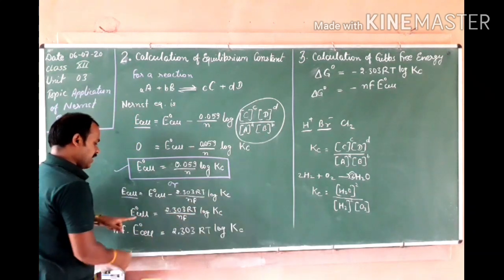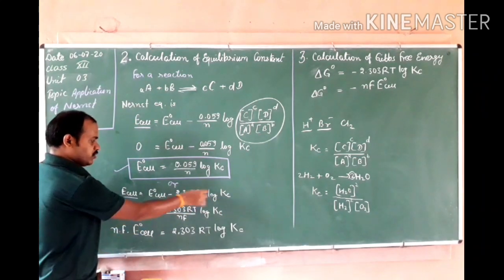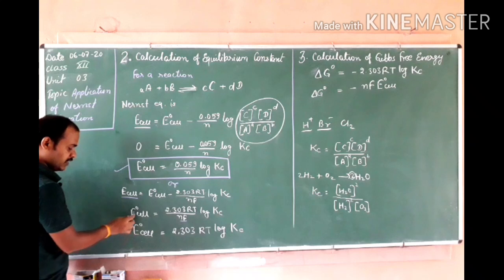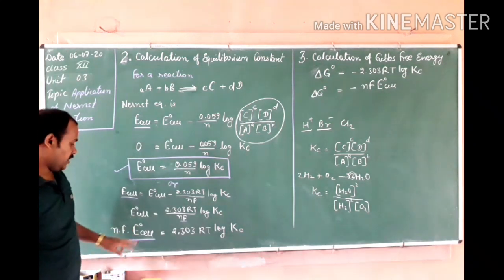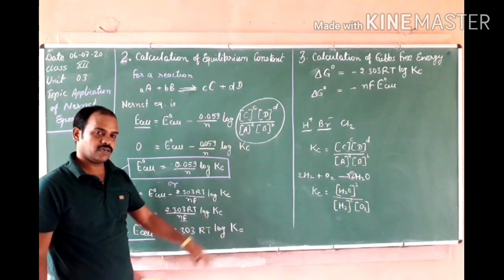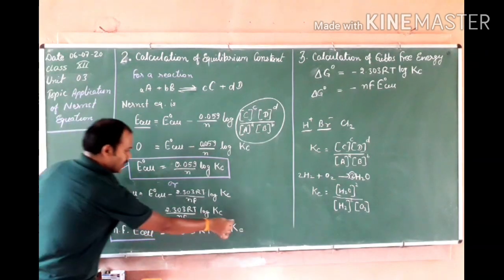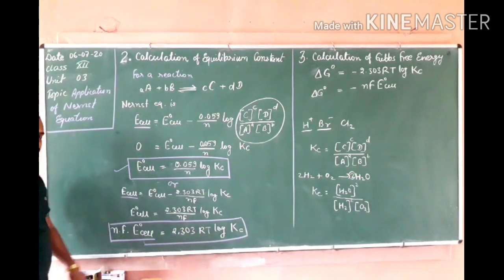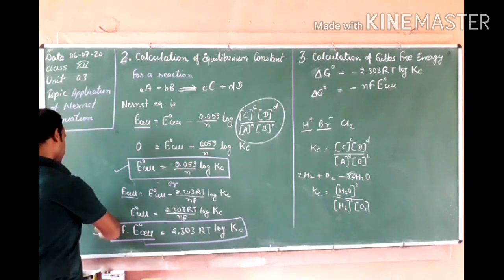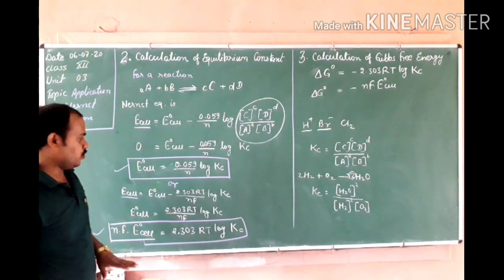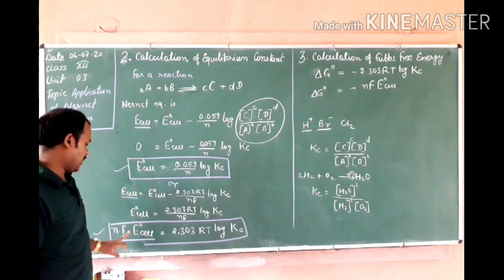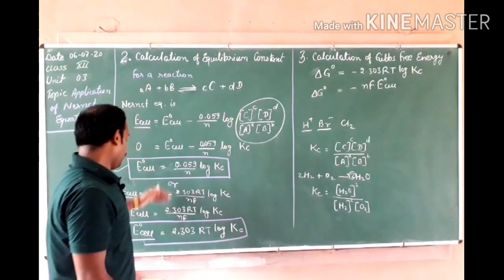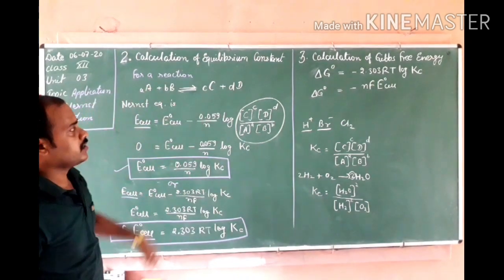Here again E cell is 0, so E naught cell is equal to this value. Transferring this side, nF E naught cell is equal to 2.303 RT log Kc. This is the second relation between log Kc, the equilibrium constant, and E naught cell. Either of these two equations we can use. Both are the same and the answer will not differ. So from this relation we can calculate the equilibrium constant.